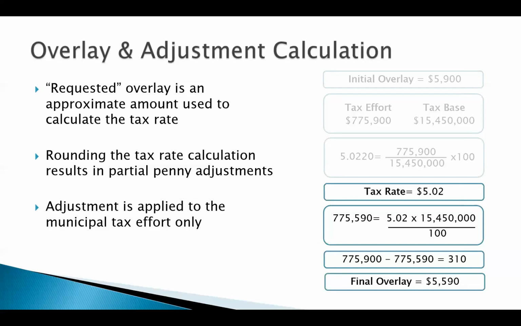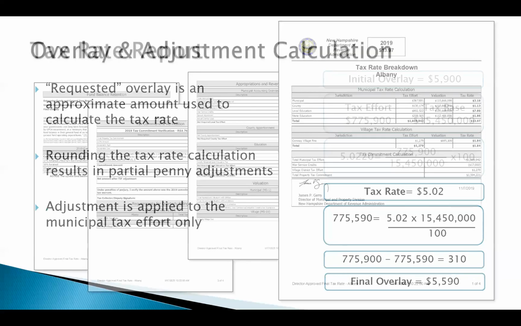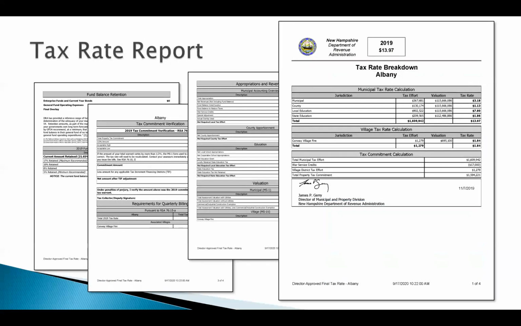So that's why there's an initial and a final overlay. That's just where we adjust everything so the math ties out to account for that rounding of the tax rate to the nearest penny. And again, the system does all of this for you, so there's not really anything to worry about there. That's just some of the details on the math.